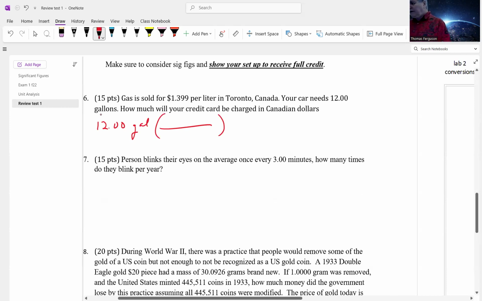Okay, we have money per liter, so we need to get gallons to liters. Now it's in liters. Now we can use the dollar per liter to get our money out.